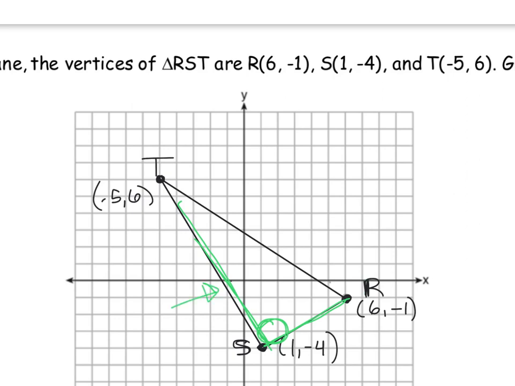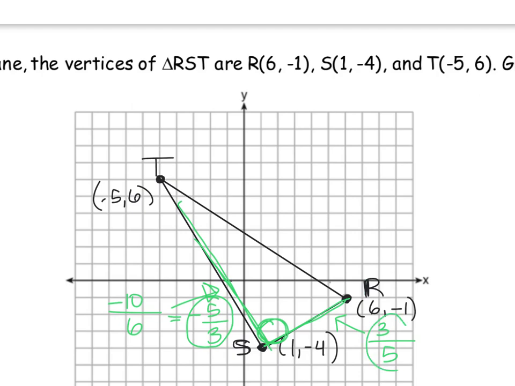So the slope of my left side here is I am going down 10 from 6 to -4 and to the right 6 from -5 to 1. And over here, my slope is going from -4 to -1, that's up 3, and to the right 5. So when I glance at that, 3/5 and -10/6, I can see that those are in fact opposite reciprocals because -10/6 simplifies to -5/3.